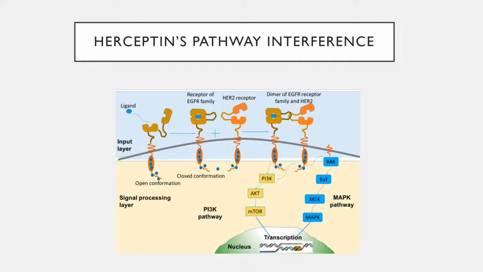And the homodimers or heterodimers stimulate a series of signaling cascades, which activates your phosphatidylinositol 3 kinase and mitogen activated protein kinase pathways, which are the major pathways in cell proliferation.